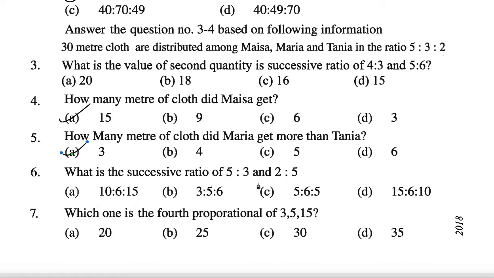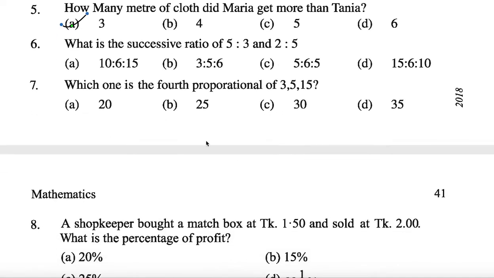What is the successive ratio of 5 is to 3 to 2 is to 5? Oh, that is not question number 3 and 4, actually 4 and 5. This is a mistake here. Okay, forget about it. What is the successive ratio of 5 is to 3 is to 2 is to 5? The 2 you have to multiply with 2. 10 is to 6 is to 15.